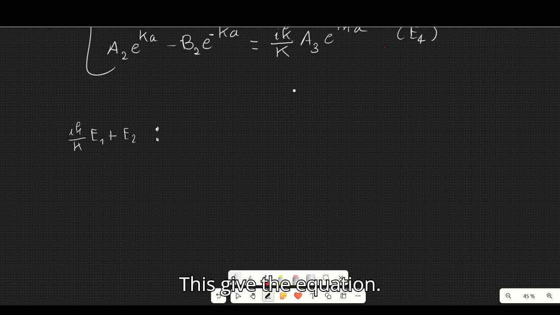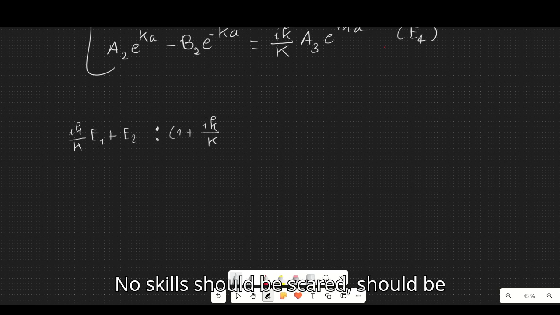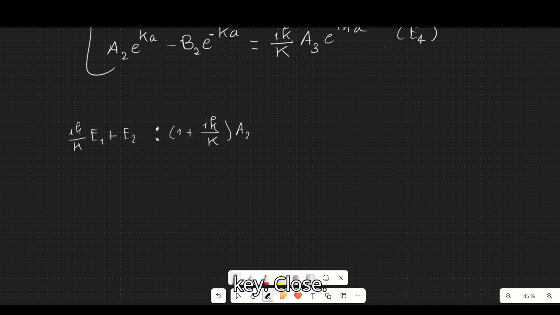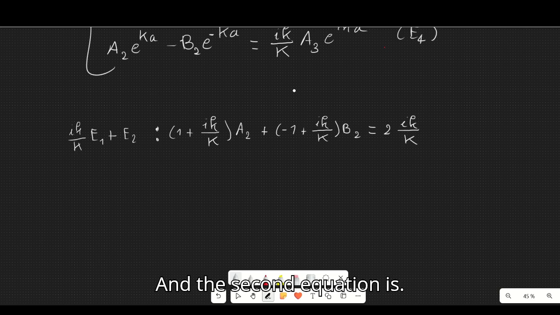This gives the equation 1 plus small k over big K, plus minus 1 plus k over big K divided by big K. And the second equation is minus k plus a3.